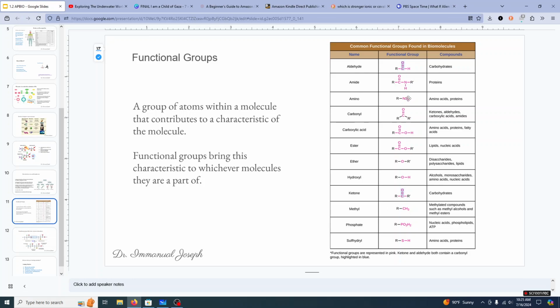Then we have a group called amino group. Amino group is NH2, and the N is attached to a variable group, to a carbon. So NH2 has the ability to attract H plus ions. If you remember when we were studying pH, we said that what makes a solution acidic or basic is how much H plus ions are present in it.